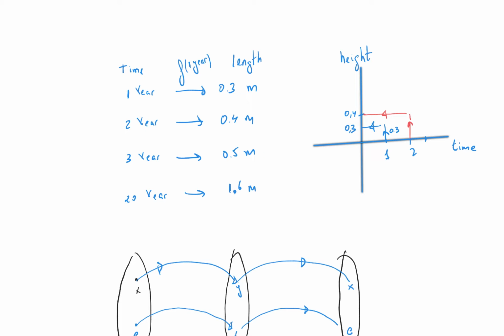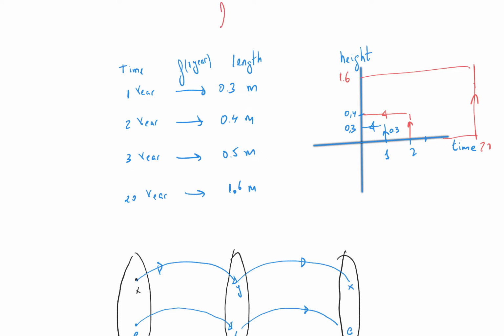Maybe when you are 20 years old, your height will be, let's say, 1.60 meters. So the function takes the time t and converts the 1 into 0.3, the 2 into 0.4, and the 20 into 1.6 meters. So this is what the function f does.